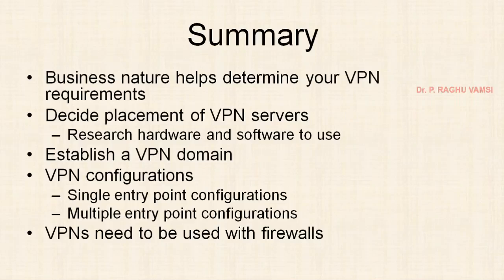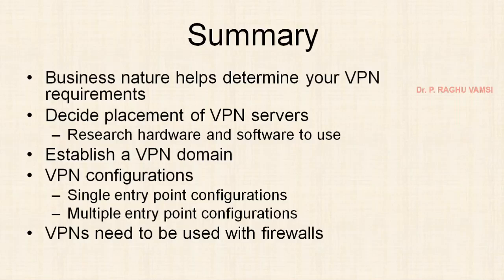To summarize this chapter, the business nature helps determine the virtual private network requirements. Based upon the organizational and security policies, VPN servers need to be deployed. Decide the placement of VPN servers, either before the firewall, along with the firewall, within the DMZ, or after the DMZ.